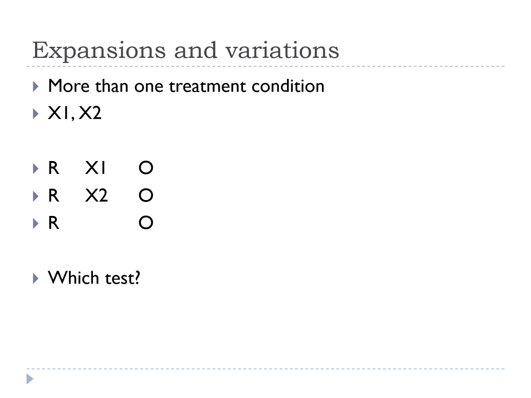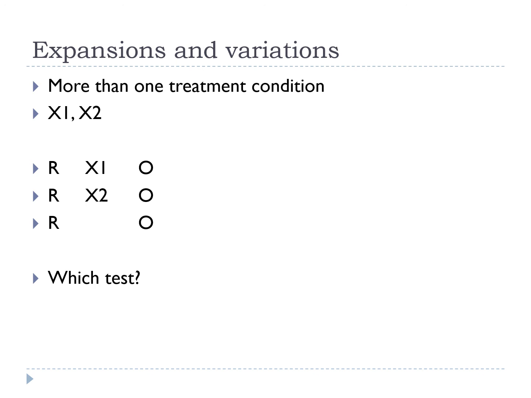I wanted to go ahead and show you a circumstance where you might have multiple conditions. So for example, if you had reading intervention A, reading intervention B, and a control where there was no reading intervention, then you might use something like X1 to mark reading intervention A and X2 to mark reading intervention B. So you can have more than one condition that you are looking at where they differ among the conditions as well as a control.